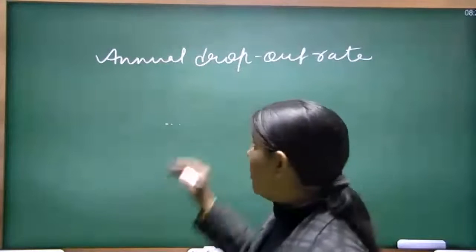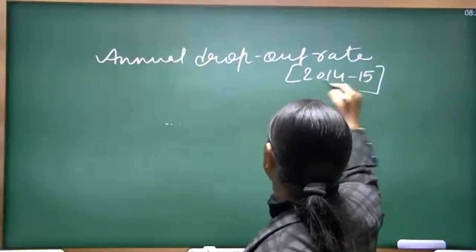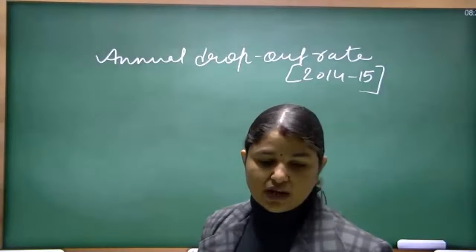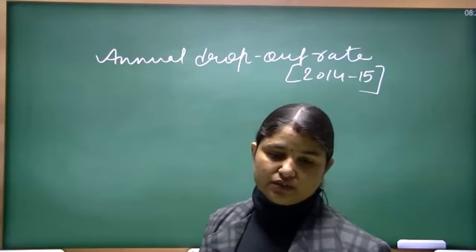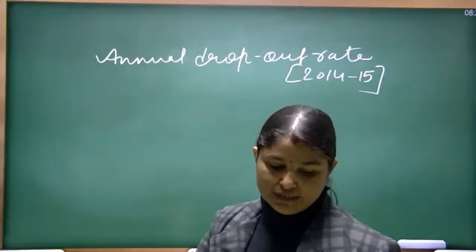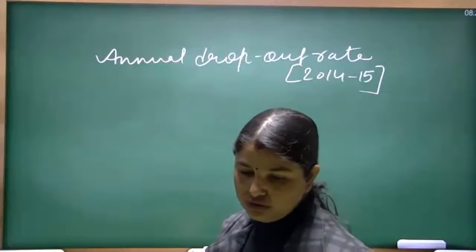It is giving 2014 and 15. So students, if you see this table, you will come to know this table is given class wise and category wise, like generally how many boys or girls drop out from the school.